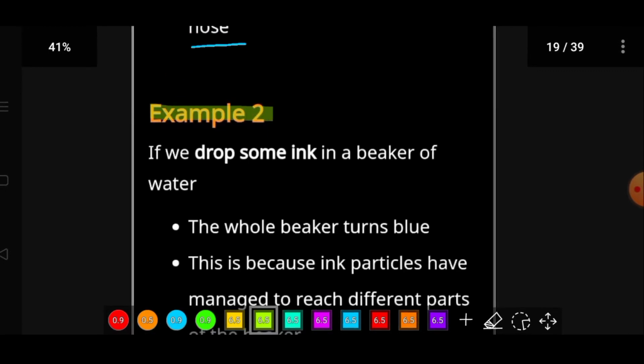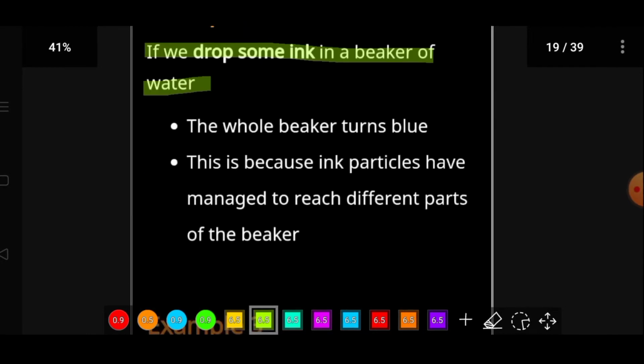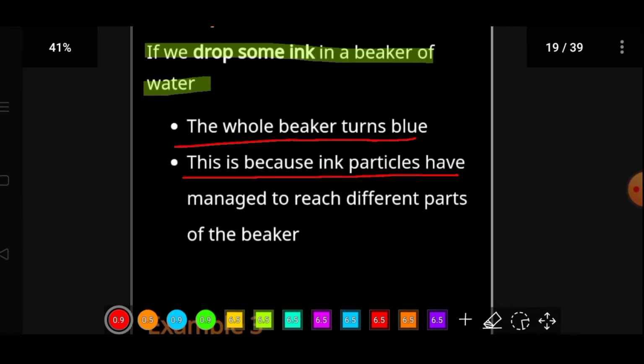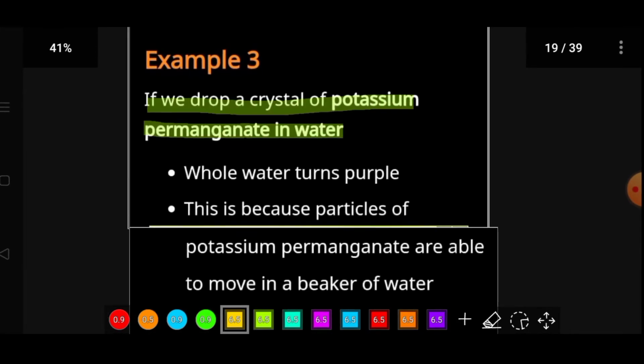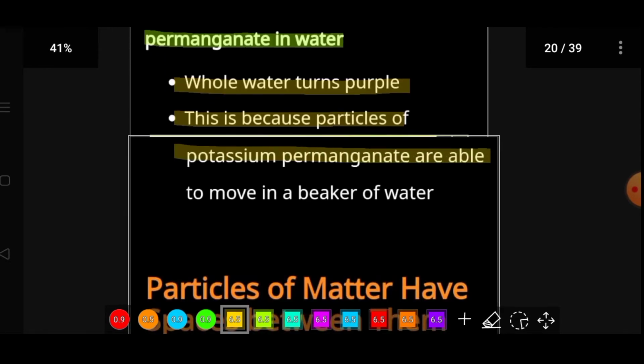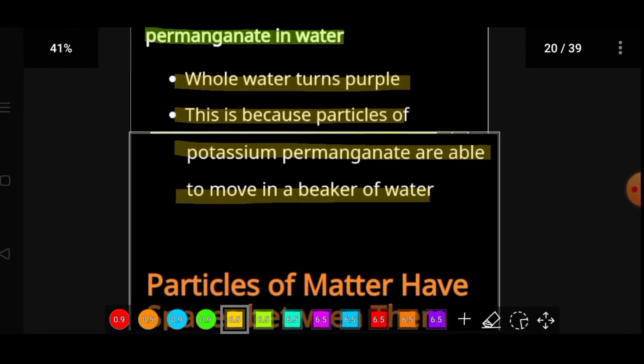If we drop some ink in a beaker of water, the whole beaker turns blue. This is because ink particles have managed to reach different parts of the beaker. Example 3. If we drop a crystal of potassium permanganate in water, whole water turns purple. This is because particles of potassium permanganate are able to move in the beaker of water.